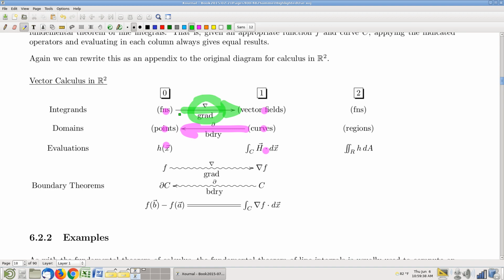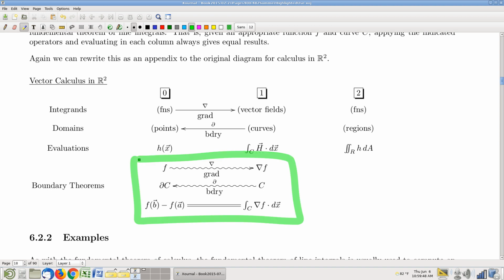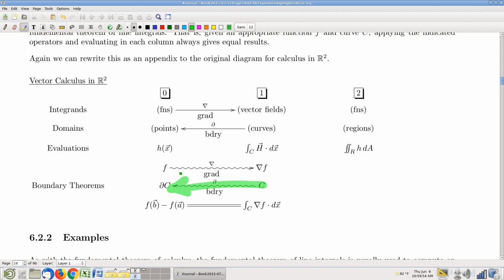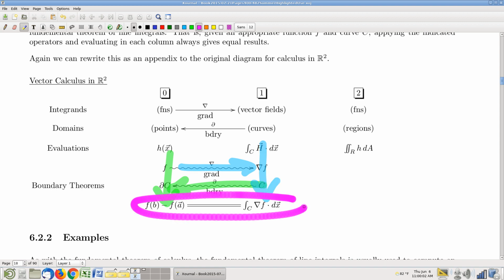Gradient, a new object on our diagram, and having appended our diagram like so, here's how I'm going to represent the fundamental theorem of line integrals, just from a pattern point of view. Boundary and gradient are complementary in the sense that these two evaluations give the same thing.